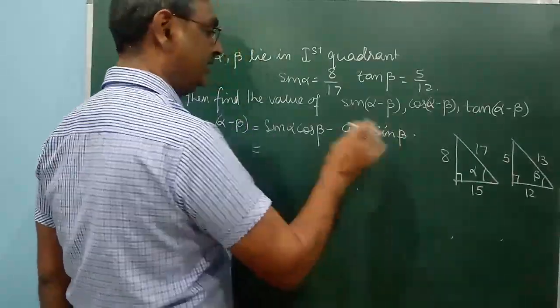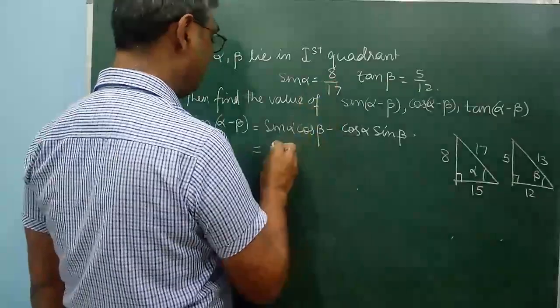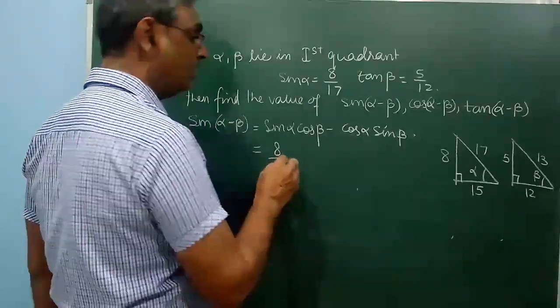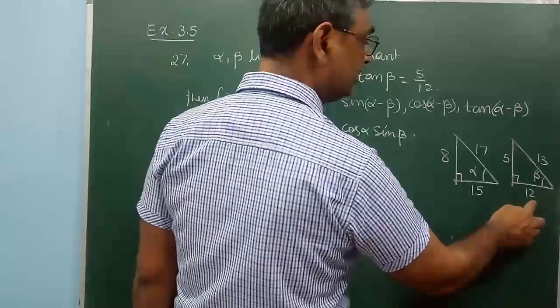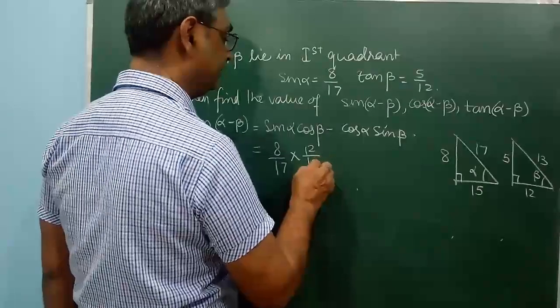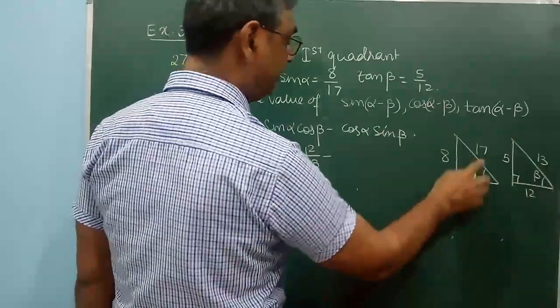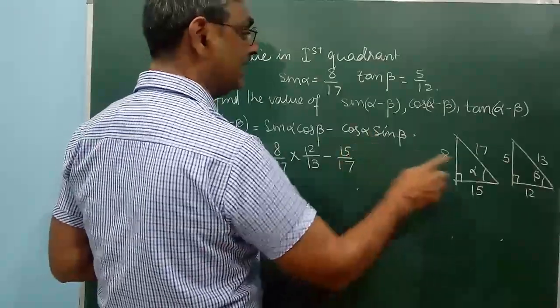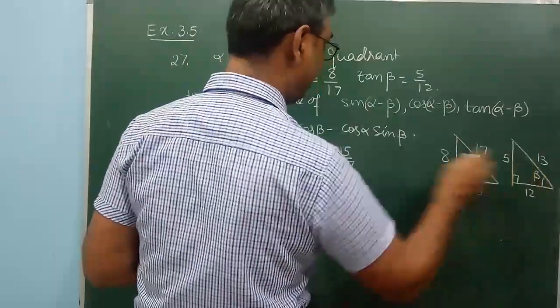Both ways it is correct. Now sin alpha is 8 by 17. Cos beta, beta is this, cos is base upon hypotenuse, 12 upon 13. Cos alpha is 15 upon 17, and sin beta is 5 by 13.